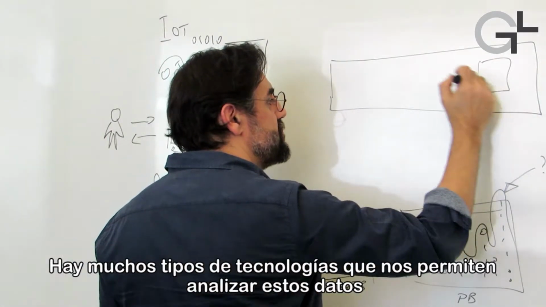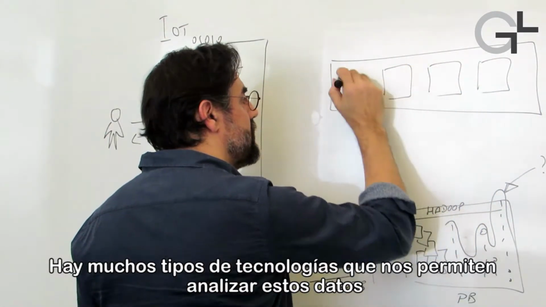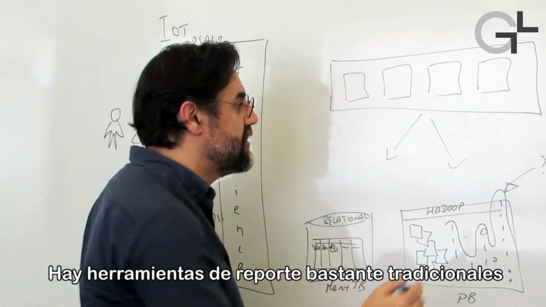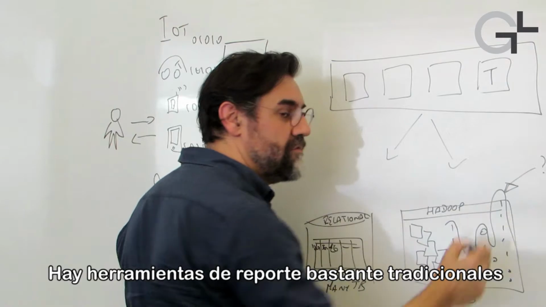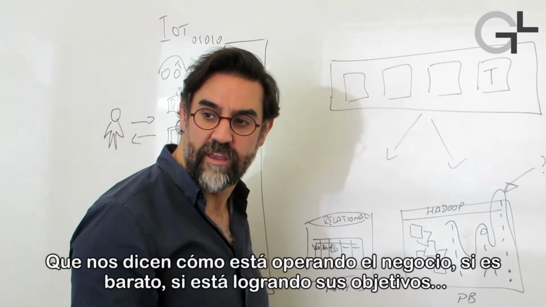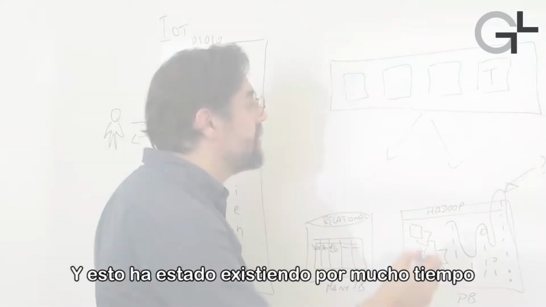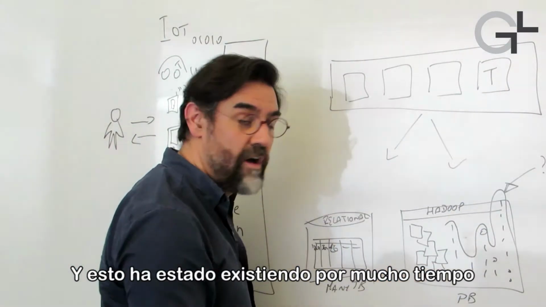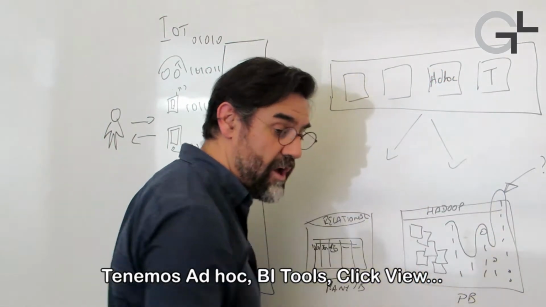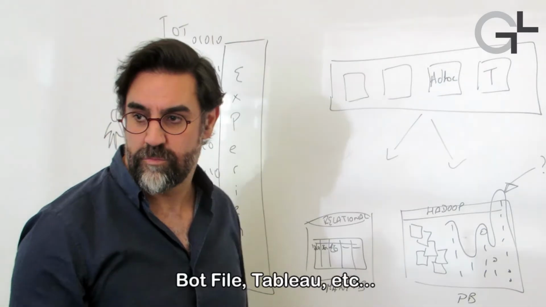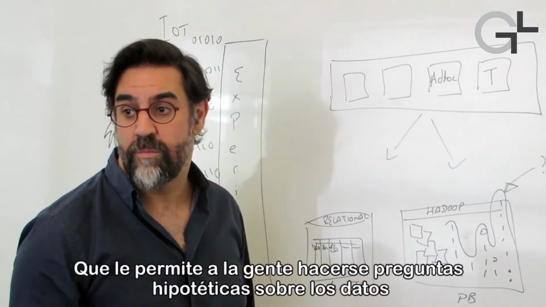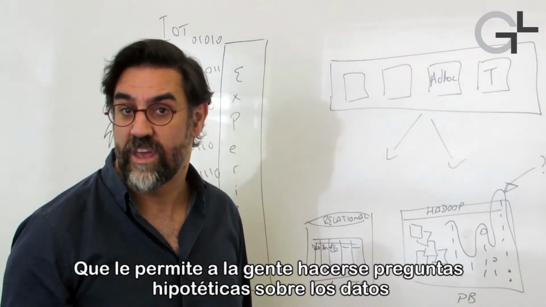There's many different types of technologies that allow us to analyse this data. There's quite traditional reporting tools that tell us how the business is operating, if it's achieving its objectives. This has been around for a very long time. We have ad hoc BI tools now, QlikView, Spotfire, Tableau, etc., that allow people to ask what-if questions of the data.